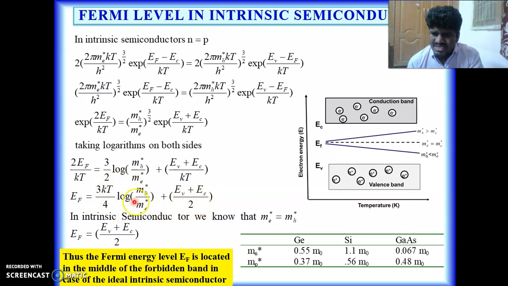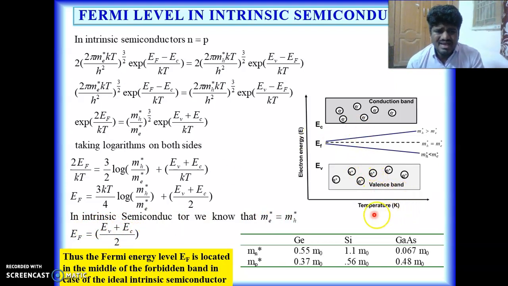And here we can see that this Fermi level is highly dependent on the temperature and also the ratio of the effective masses of the hole and electron, and ideally we can take m_e* is equal to m_h*. At this condition we can see that EF is equal to (EV plus EC) by 2, at the center of the conduction band and the valence band.